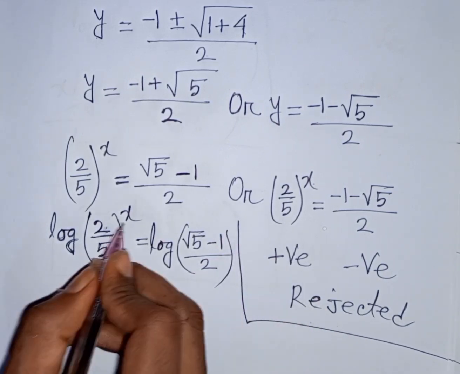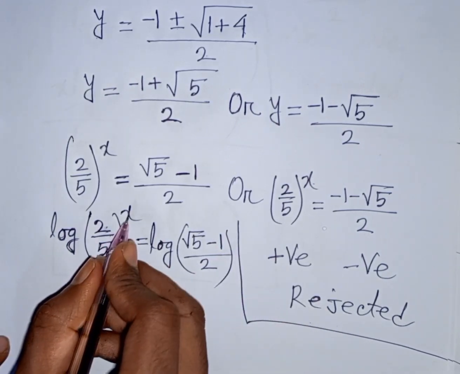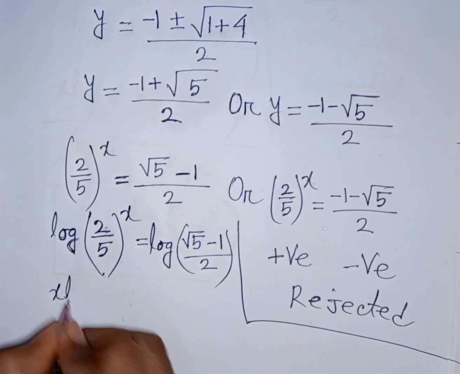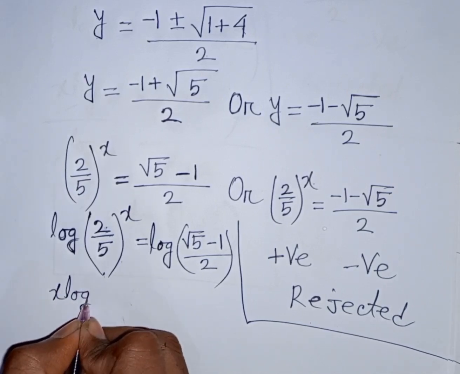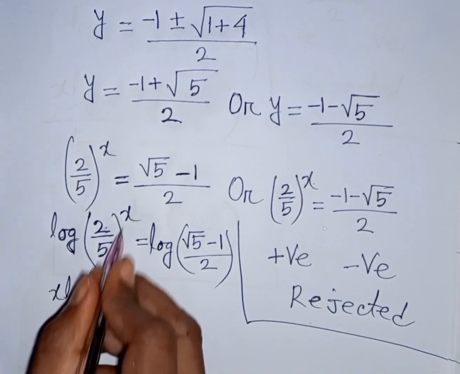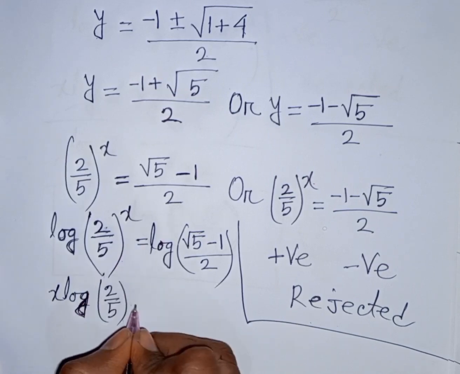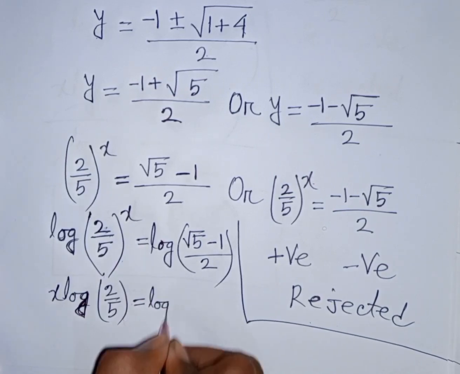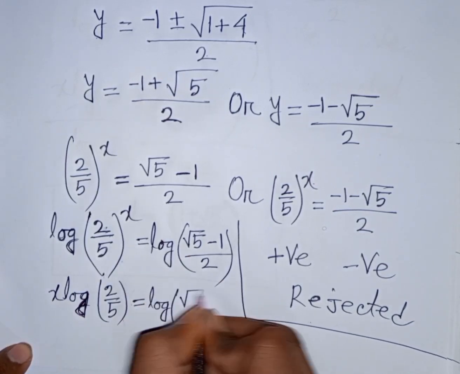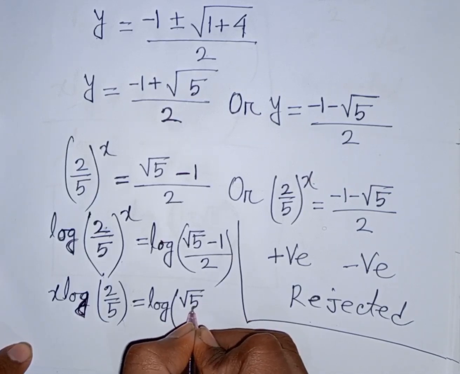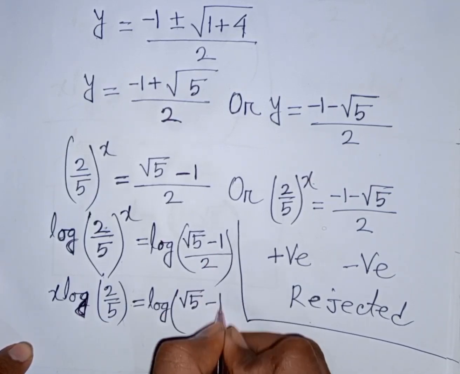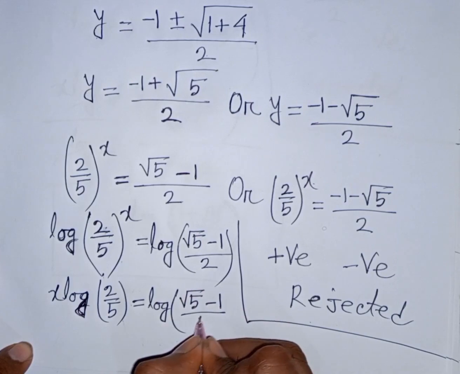Now this power x will move to the front, so you can write here x log 2 by 5 is equal to log of square root of 5 minus 1 divided by 2.